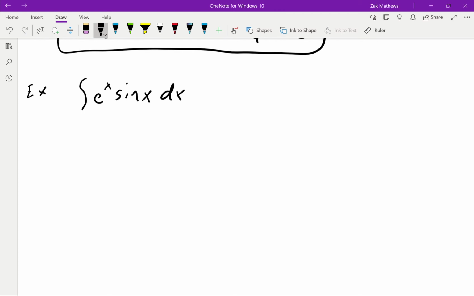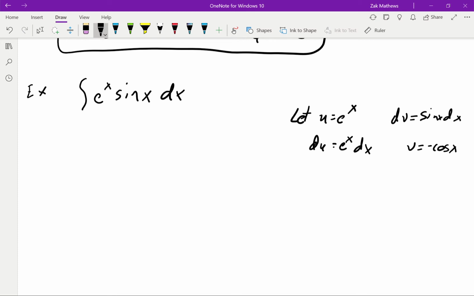So let's try something. Let's let u equal e to the x, because if I were to take its derivative, it gets me right back to where I was, e to the x dx. Let's let dv equal sine x dx. That would mean our v was equal to a negative cosine x.